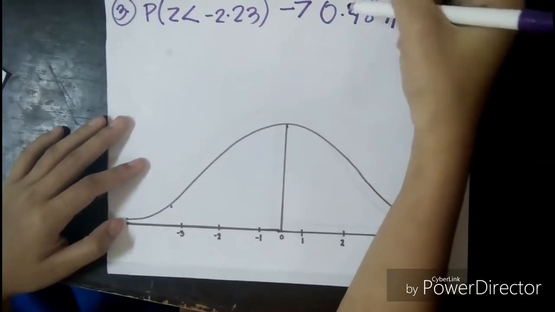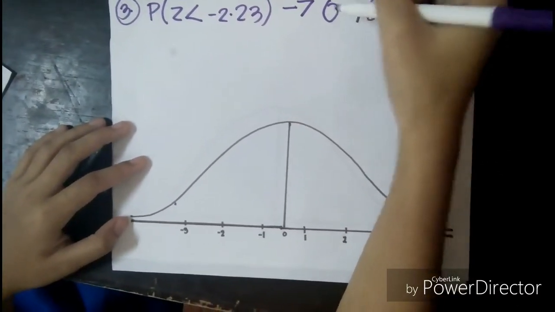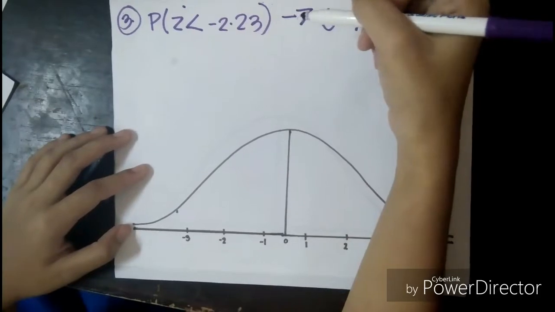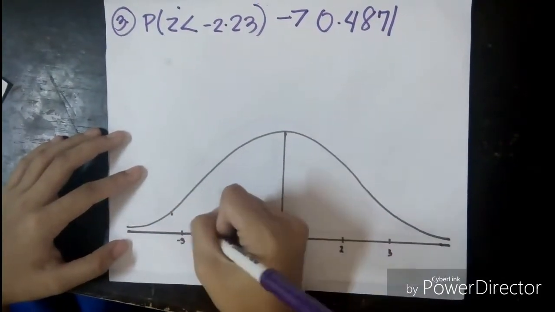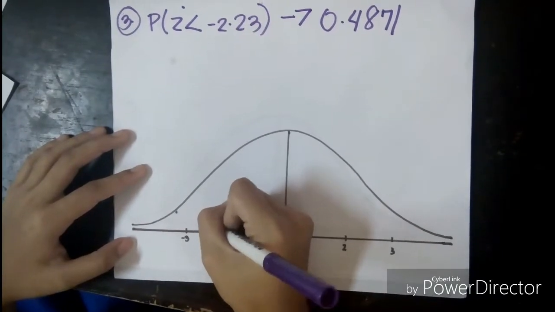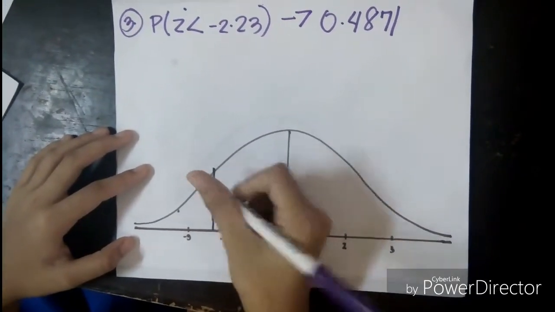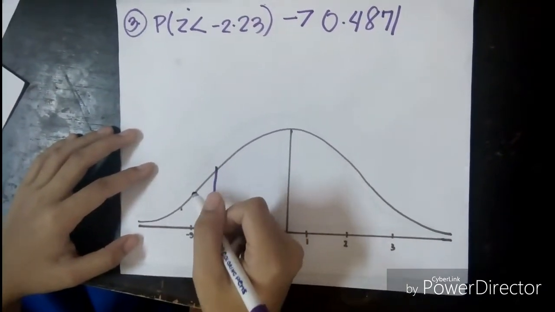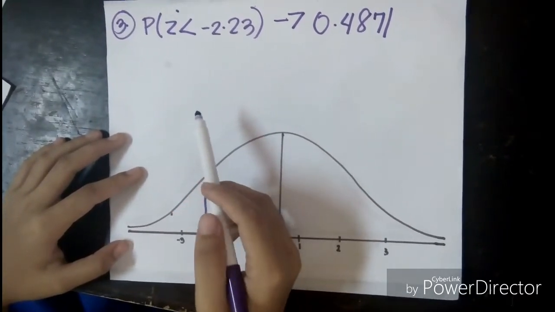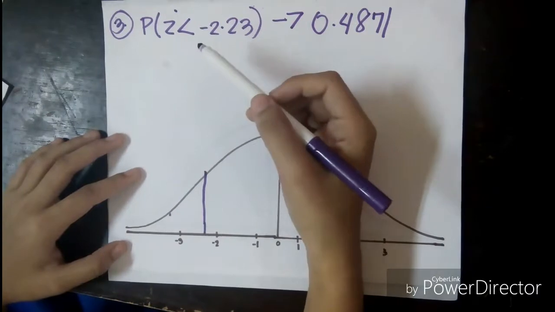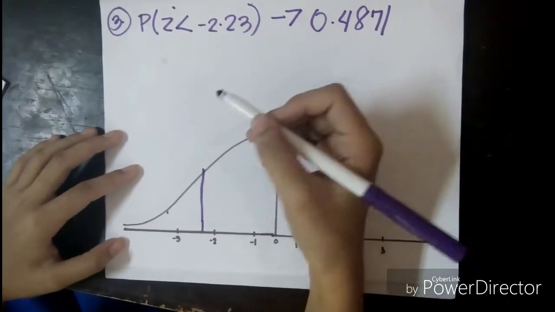After knowing its value, we have to locate negative 2.23 on the normal curve and shade the left side of it, because if the problem is less than, it will always be on the left side.